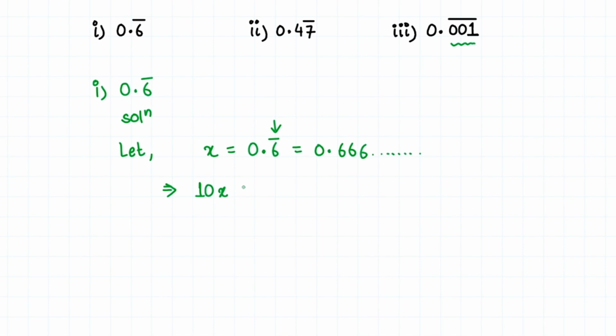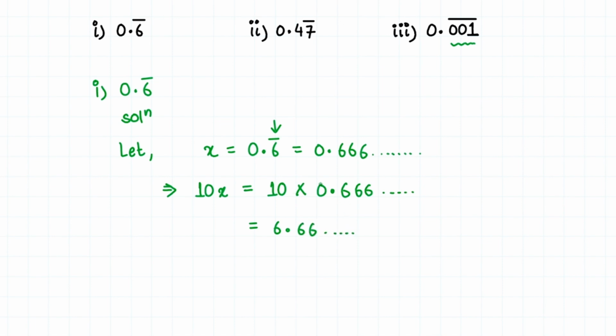So we have 10x equals 10 times 0.6 bar, which is 0.66666 and so on. Now 10 times 0.666 is 6.66 and so on.